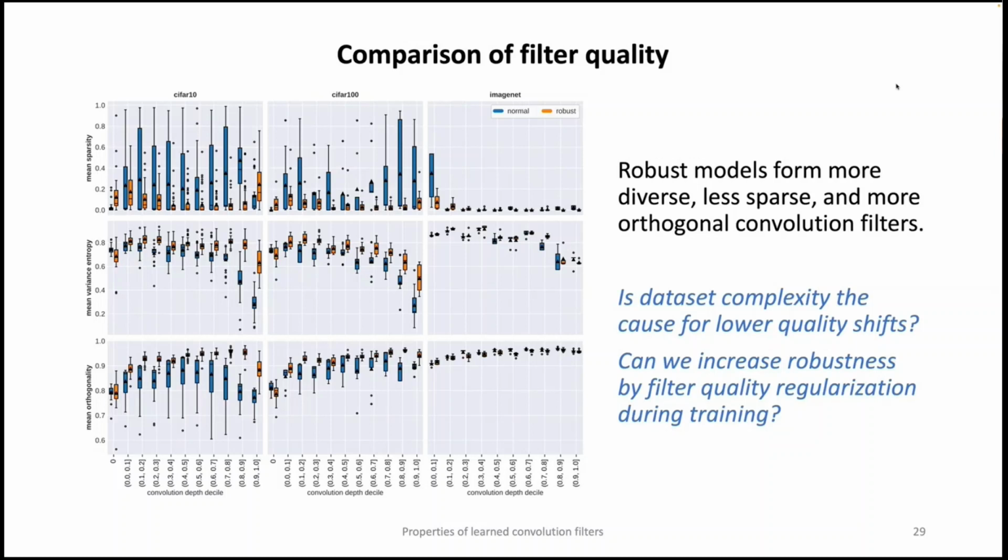So it's unclear if this improvement in filter quality is actually a sign of robustness or if it's simply a side effect of adversarial training. And if it is not a side effect, then we should be able to add regularization to the filter quality and simply improve robustness by enforcing that the network trains orthogonal, high variance filters with low sparsity.